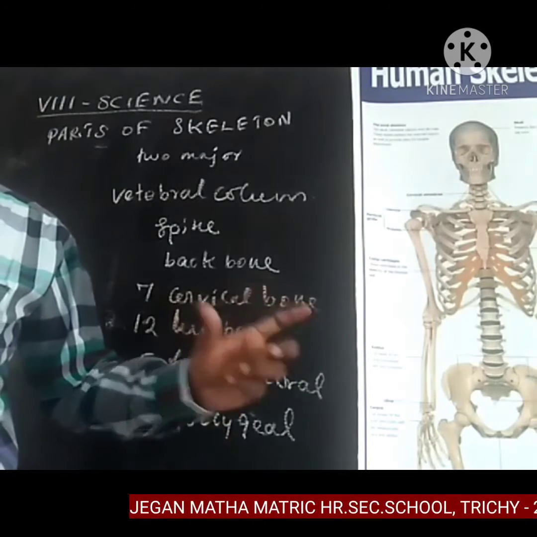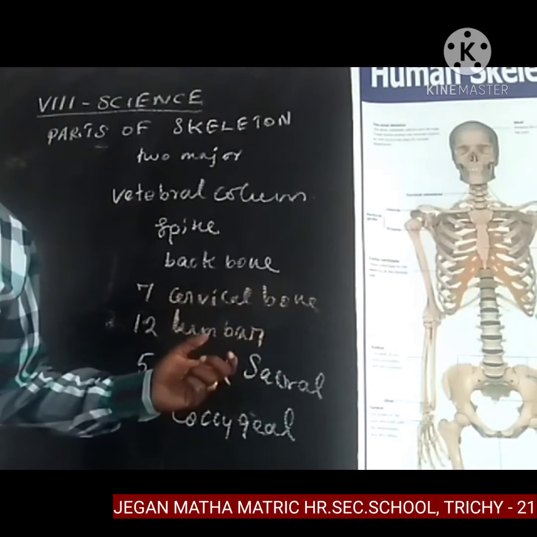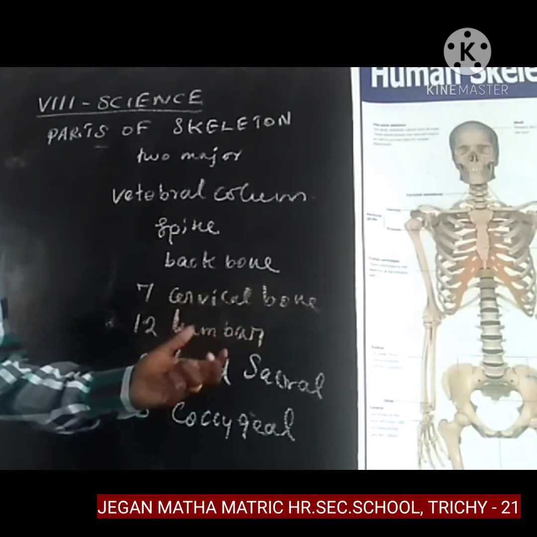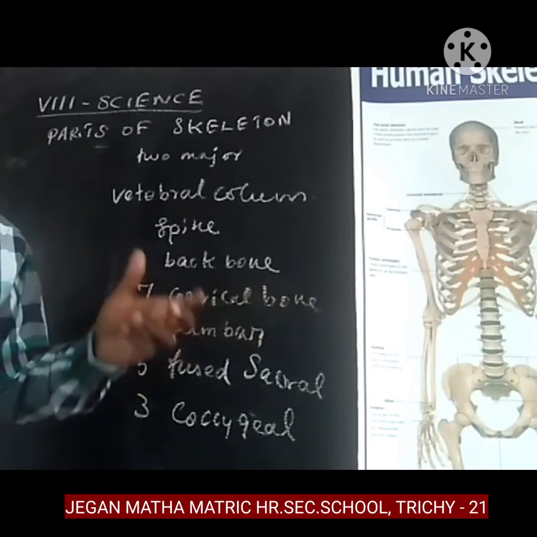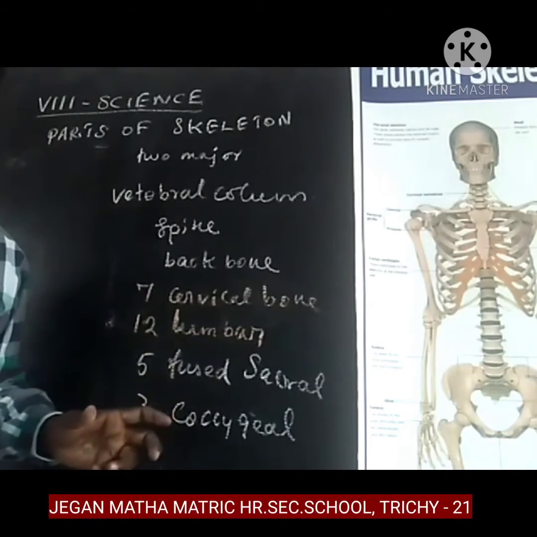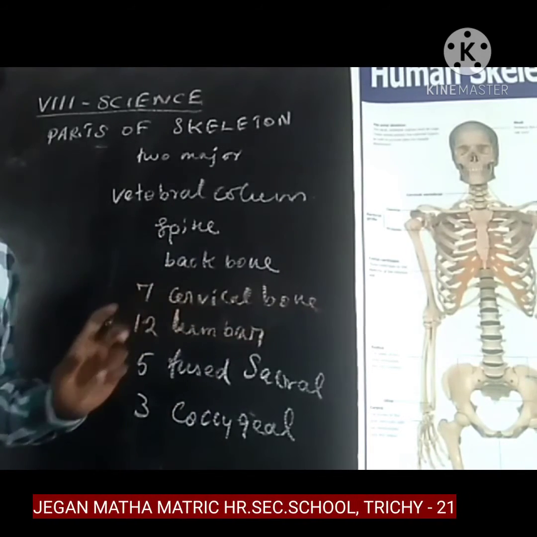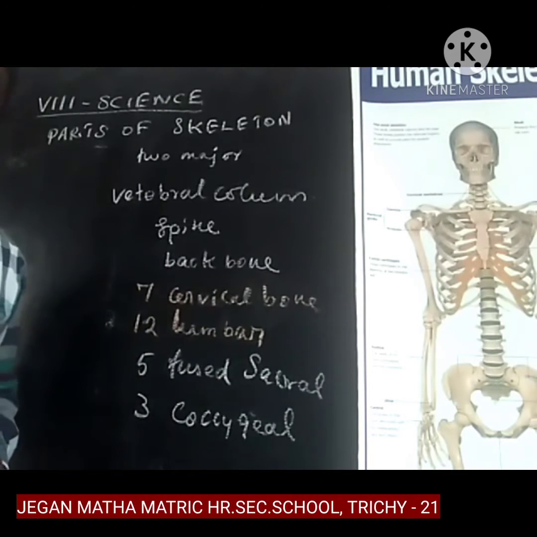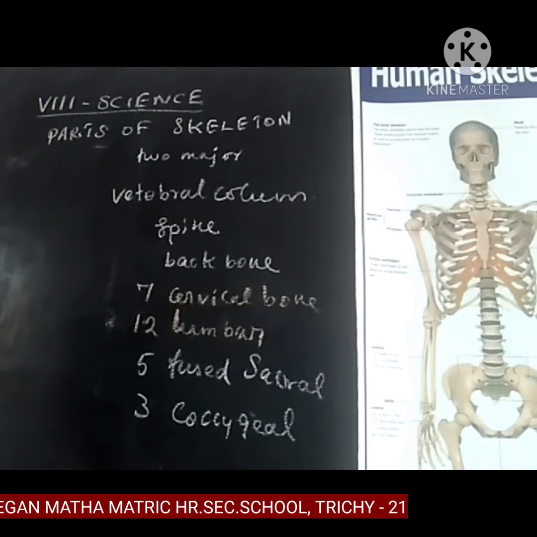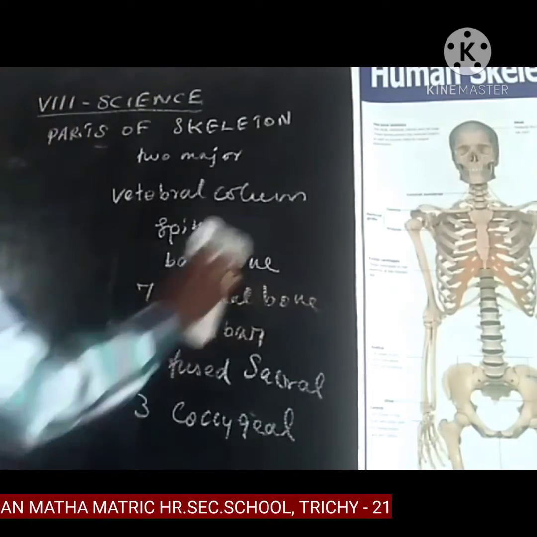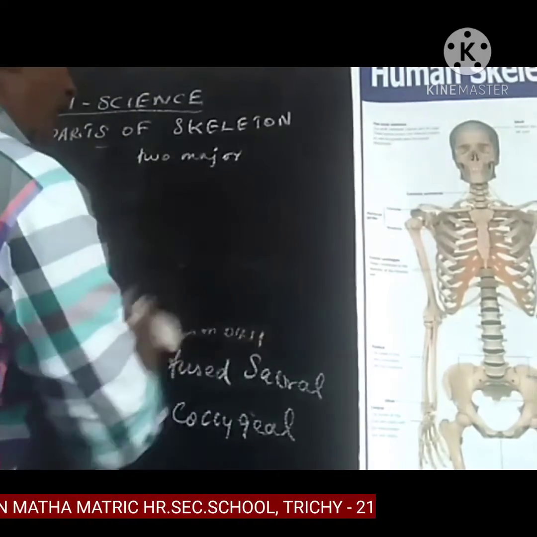The vertebrae are joined by gliding joints, to allow the body to turn backward, forward and sideways, in different directions. So what are the functions of the vertebral column?